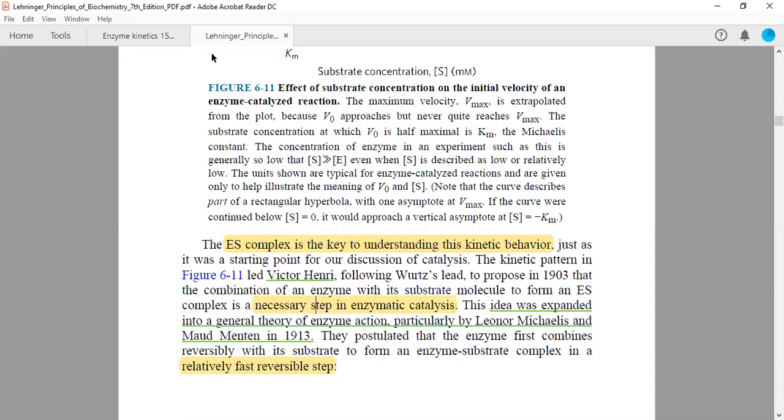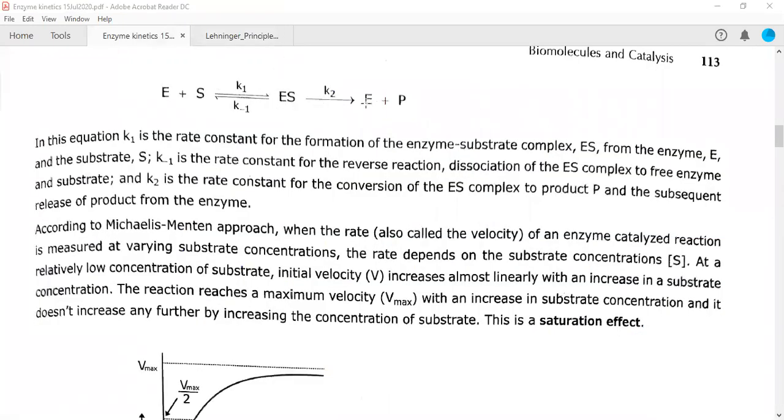You should understand that the product cannot be formed without this particular species formation. So this enzyme substrate complex intermediate is a must in enzyme catalyzed reactions.